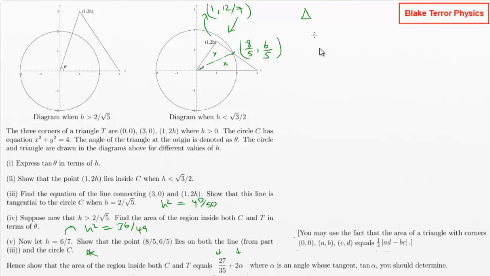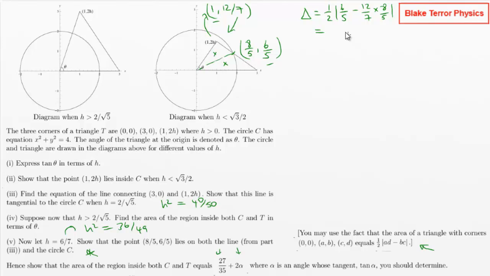That is equal to a half of the magnitude of AD for these corners. AD is 1 times 6 over 5, so that's 6 over 5, and then we take off the other two multiplied together: 12 over 7 times 8 over 5. So that's the area of that.